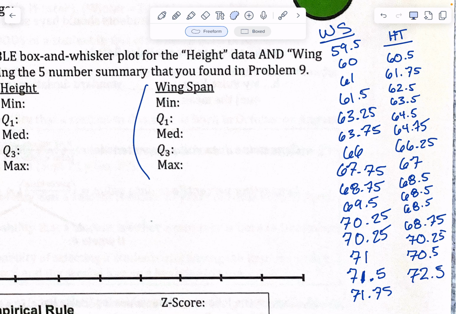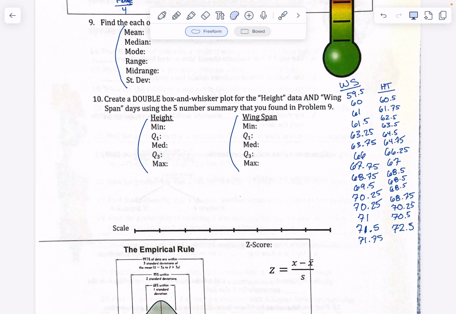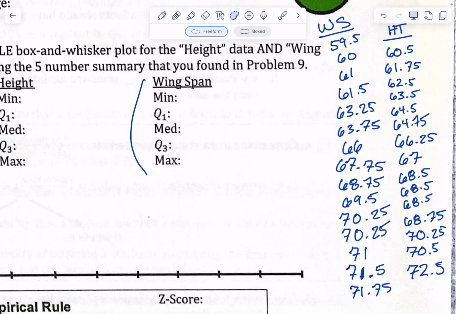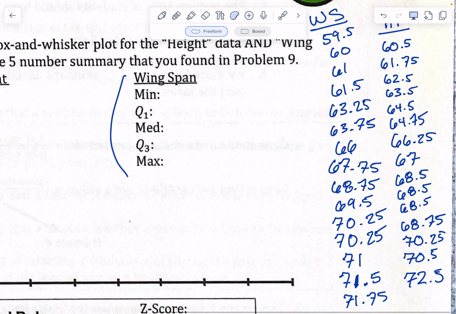We're doing 9 and 10. Yes. So when you record for this, you just really describe.